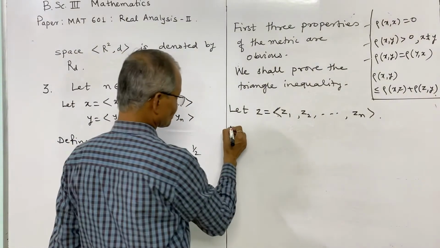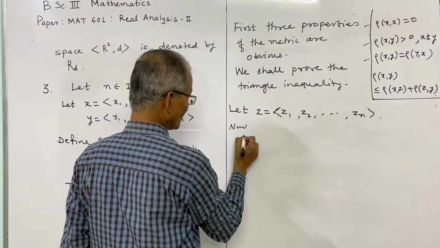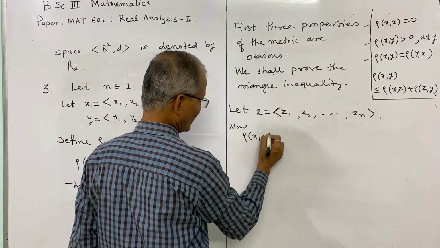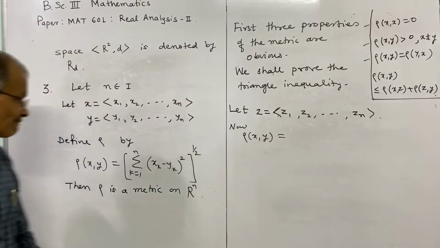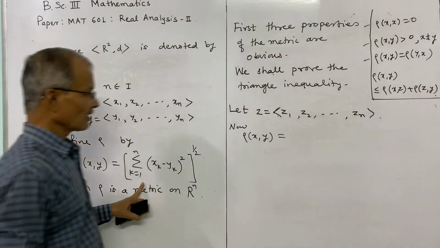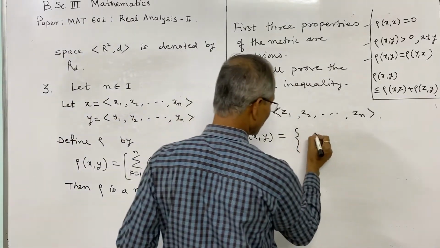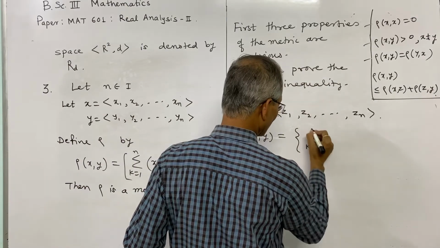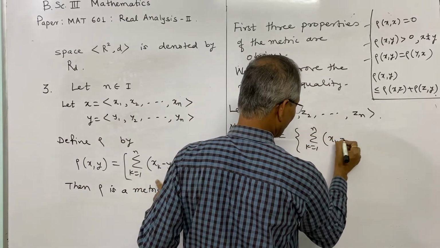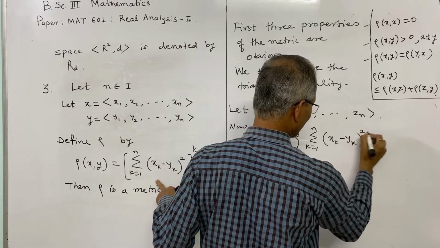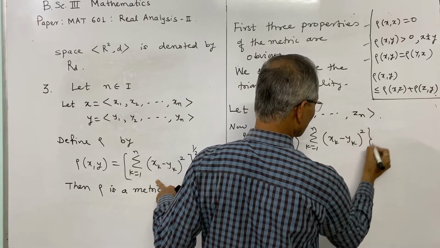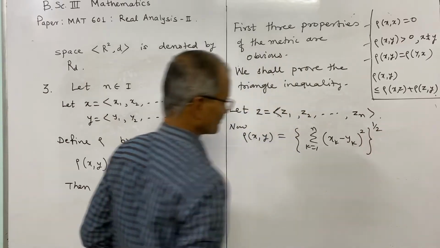Now, rho of x and y by definition is this, and I shall write in this curly bracket, summation k takes value 1 to n, xk minus yk, square of this, and then the whole is raised to half power.